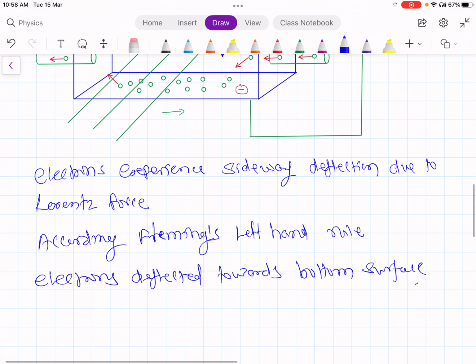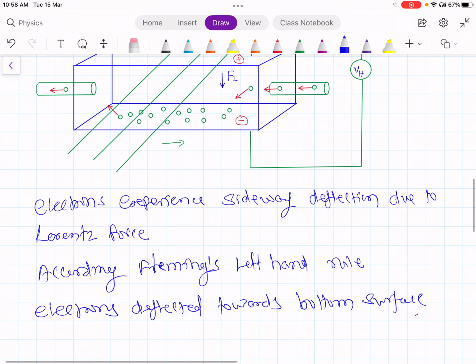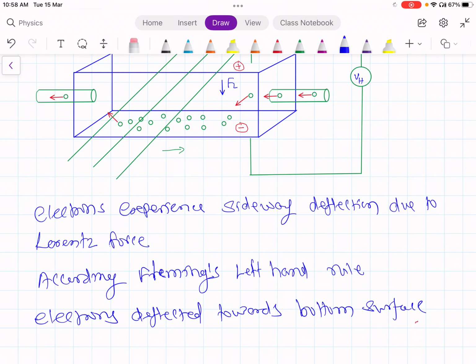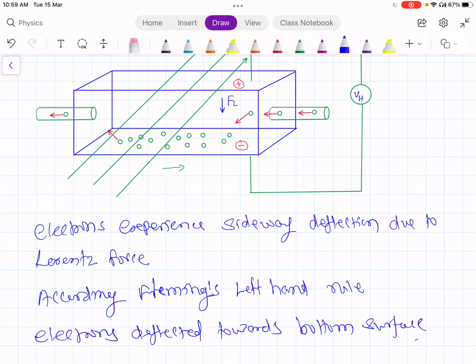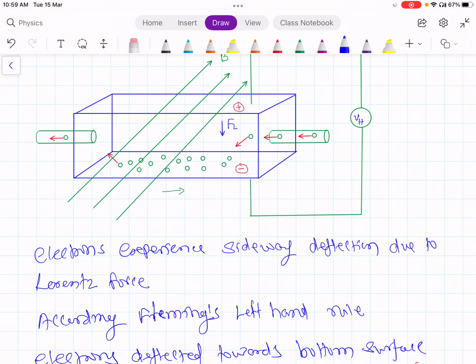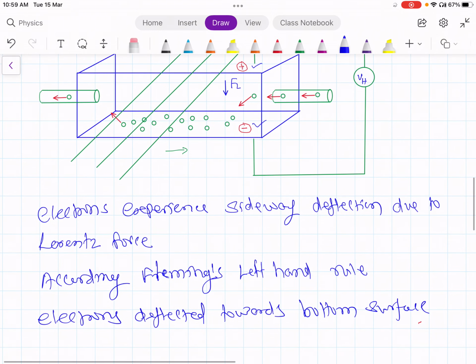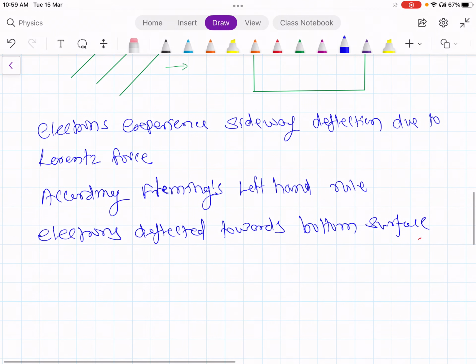Because of that, bottom surface develops negative charge. There are more electrons on the bottom surface. So with respect to the top surface, the bottom surface develops a negative charge, and equal amount of positive charge is developed on the top surface, shown over here.